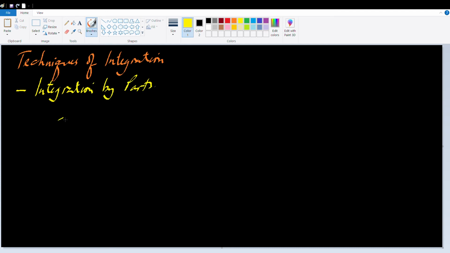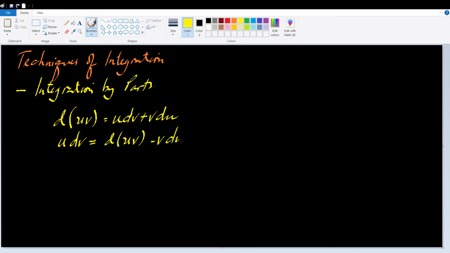Alright, we recall from differential calculus the differential of the product uv, which is equal to u dv plus v du. We solve for u dv, so that will be equal to the differential of uv minus v du. We then integrate both sides.